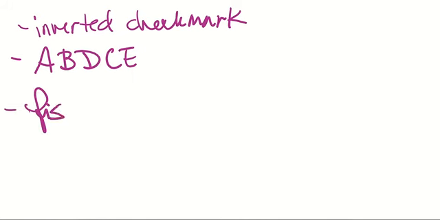And then my favorite, and one that you maybe have not seen before, but that I think works really well, is the fish model. So first, the inverted check mark.